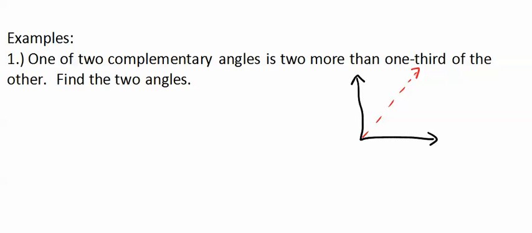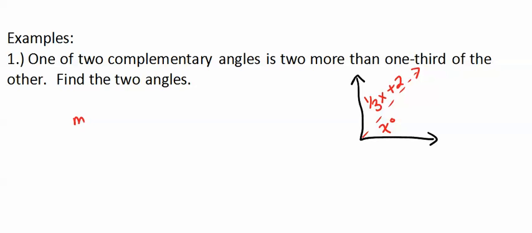It says that one of the angles is 2 more than 1/3 of the other. We don't know the other, so we'll label that one as X. And we know that the other one is 1/3 of it plus 2.